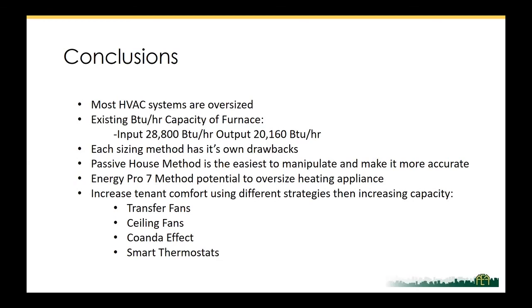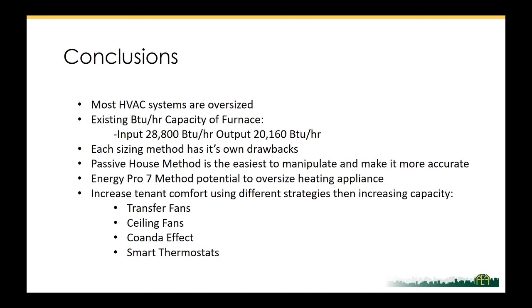And then the Coanda effect. This is the reason why most head units for mini splits are placed on the top or near the ceiling. The Coanda effect is if you have an airstream getting pushed out of a fan, or in this case a head unit for an HVAC system, they tend to glide across and stick to a flat surface.